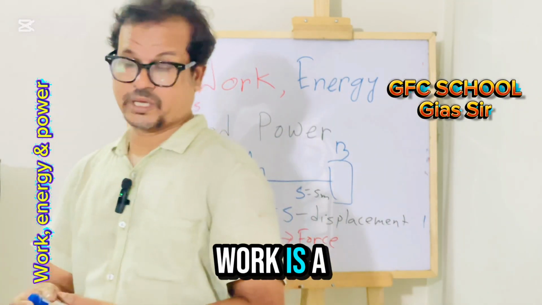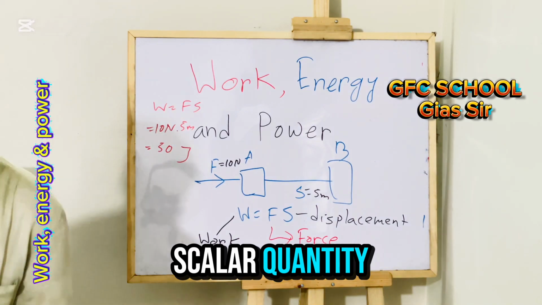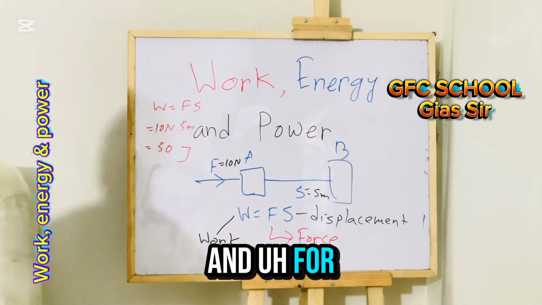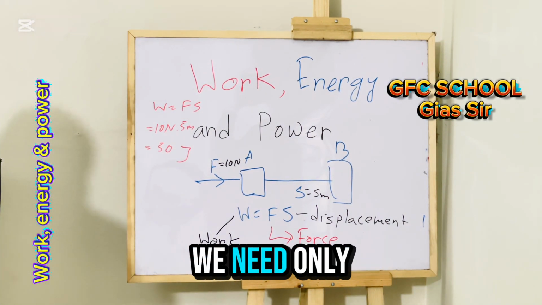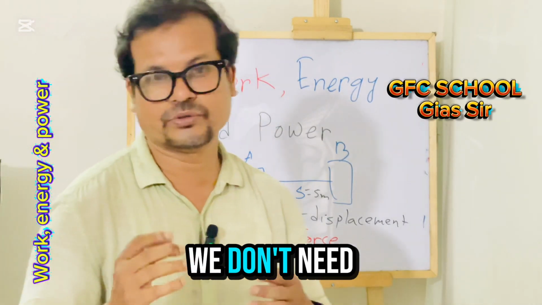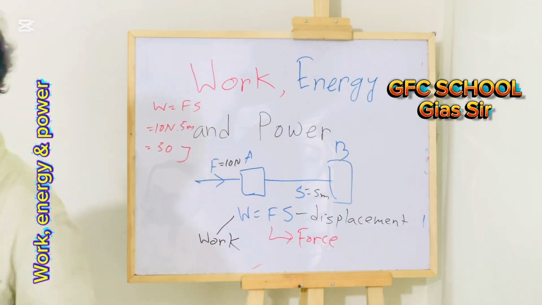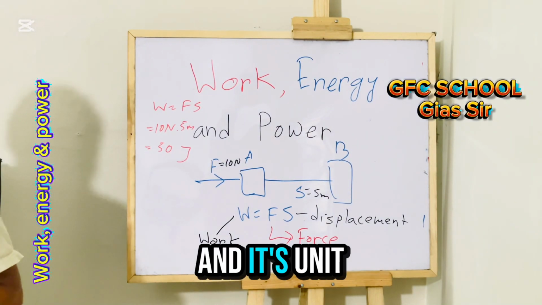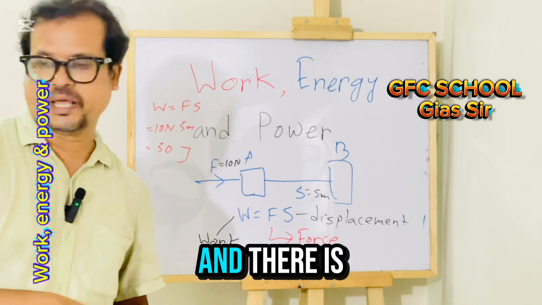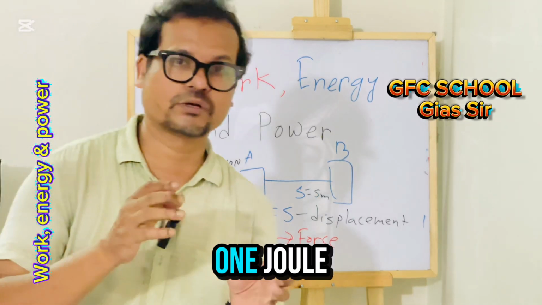Guys, work is a scalar quantity, and for determining work we need only magnitude. We don't need direction because it's a scalar quantity and its unit is joule, and there is a definition of 1 joule.